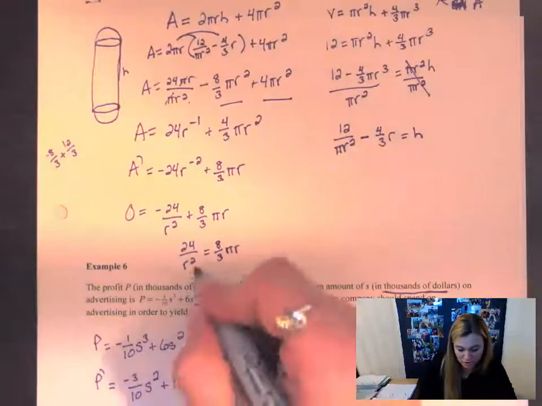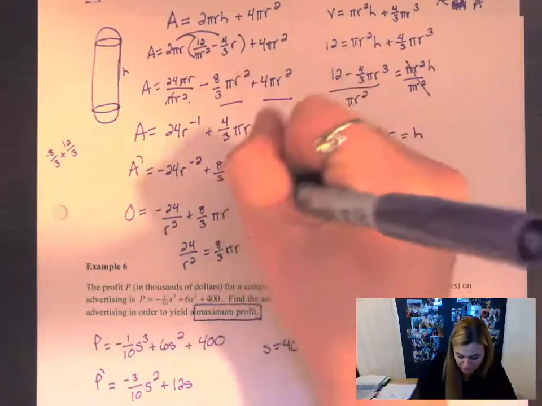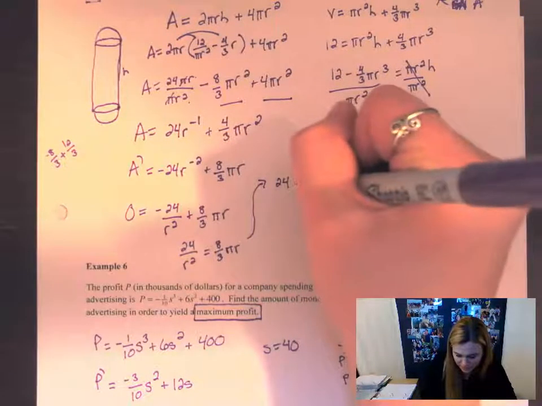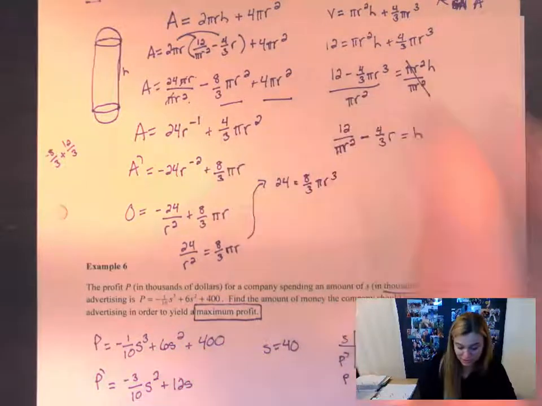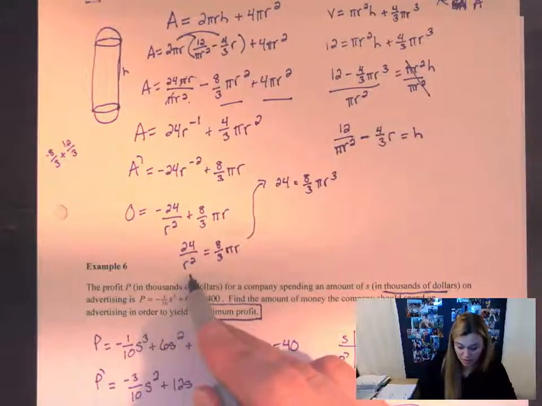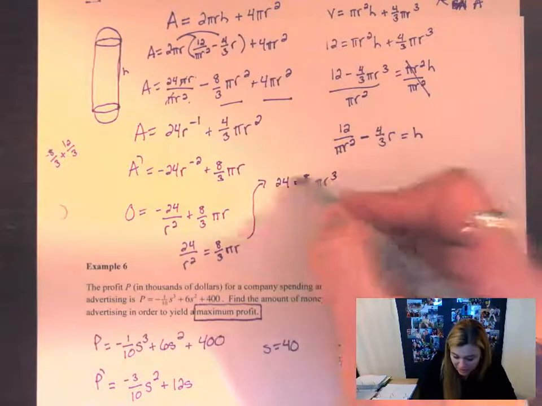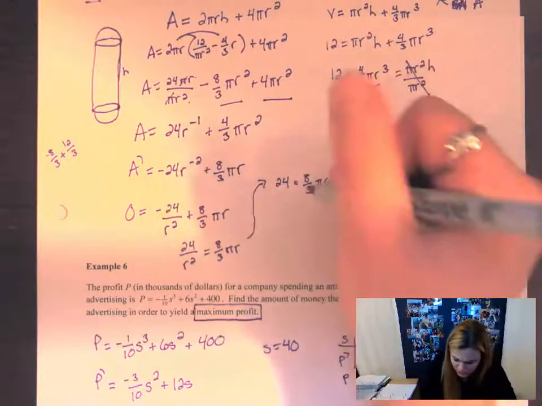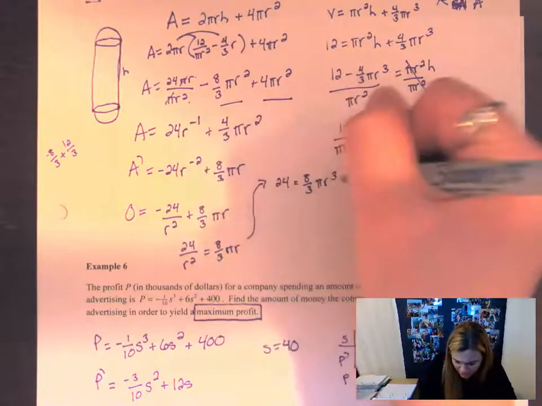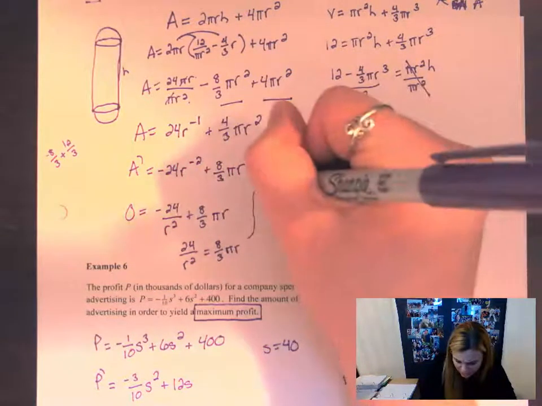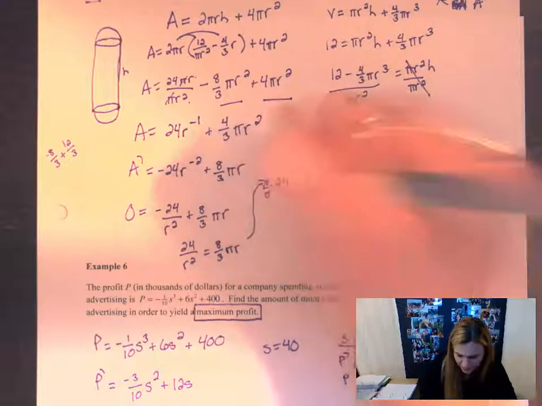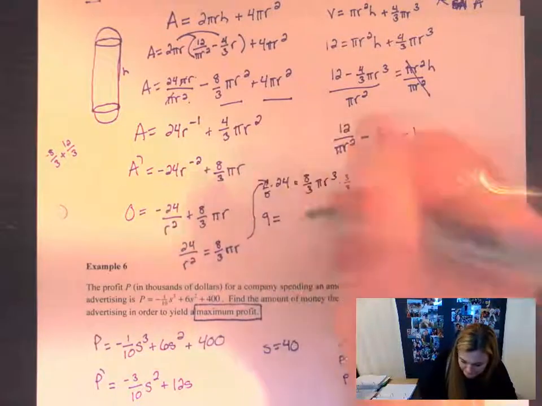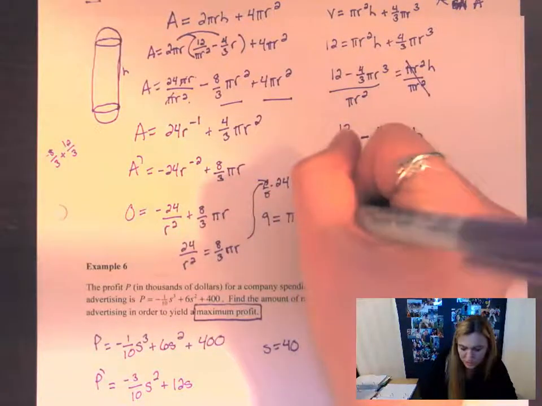Solving this for r, multiply both sides by r squared. So this would be 24 is equal to 8/3 pi r cubed, because I took r times r squared. I can multiply both sides by 3/8. 24 times 3/8. 24 divided by 8 is 3, times 3 is 9 equals pi r cubed.